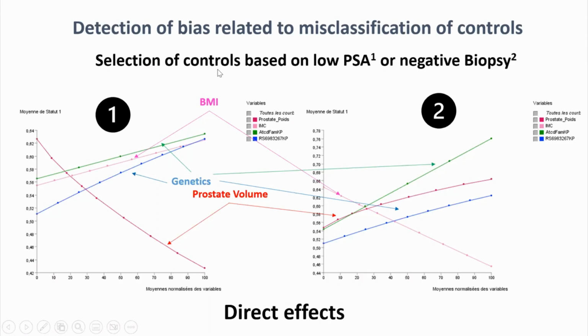And in these two cohorts, here the controls have low prostatic antigen, and in this cohort, the patients have high prostatic specific antigen, but negative biopsy.